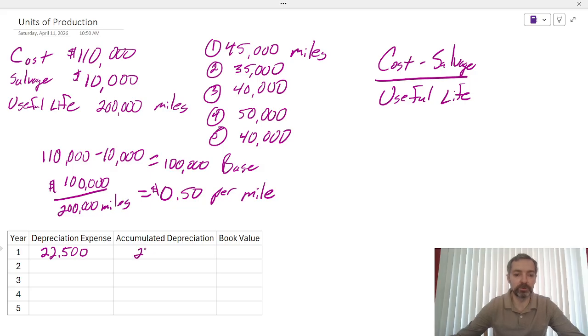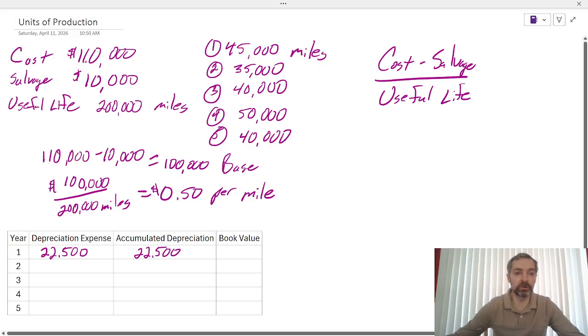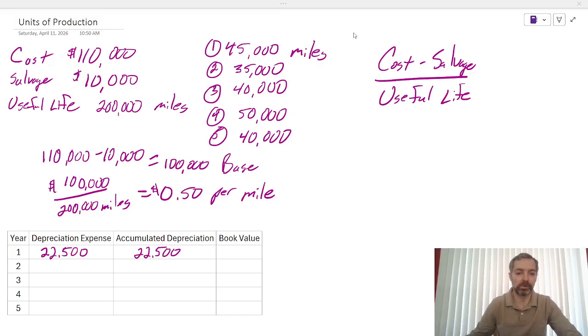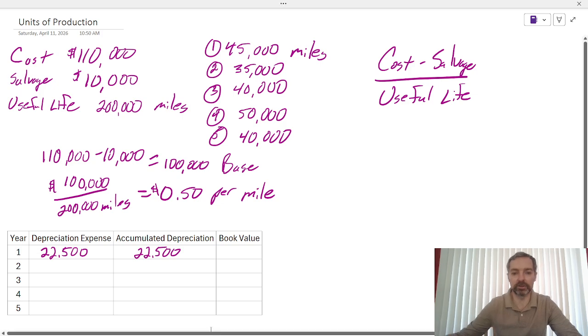And our accumulated depreciation is still 22,500. Book value, again, remember book value is cost minus accumulated depreciation. So I'm just going to bring up a calculator and I'll do 110,000 minus 22,500. That gets me 87,500 as my book value.